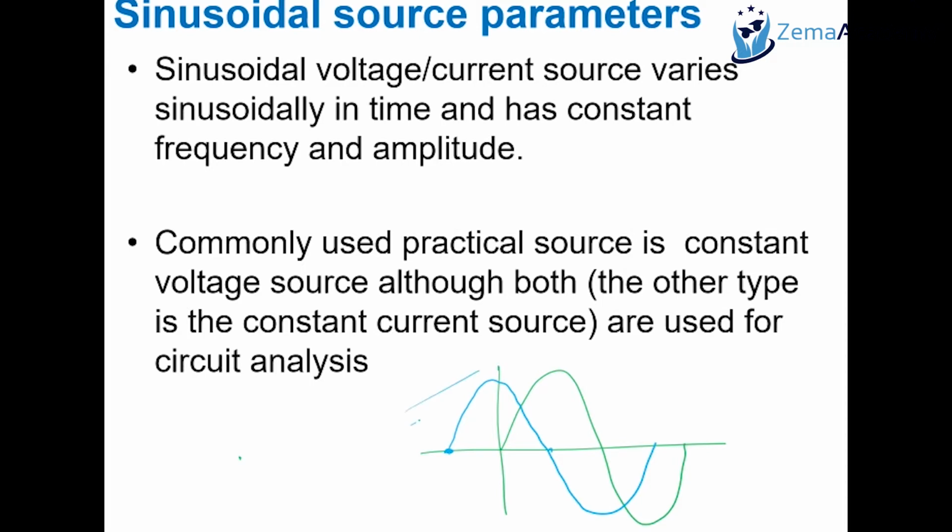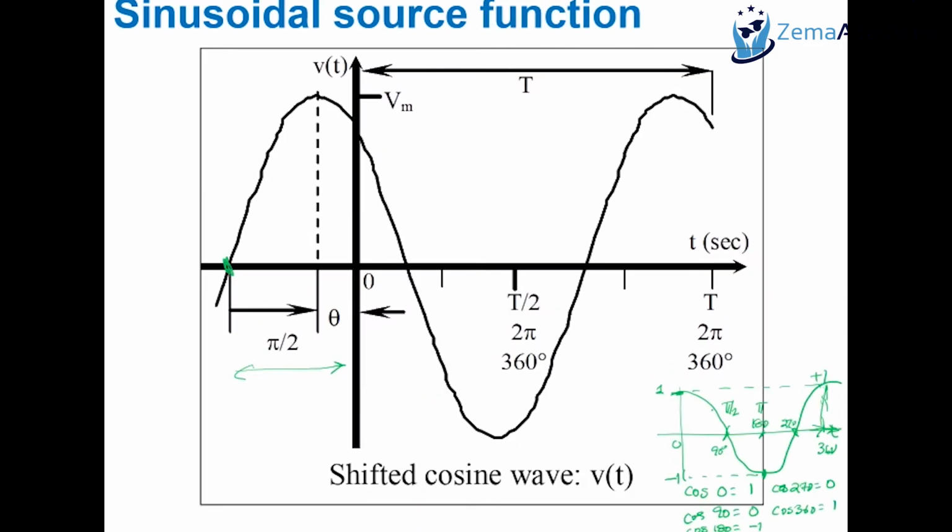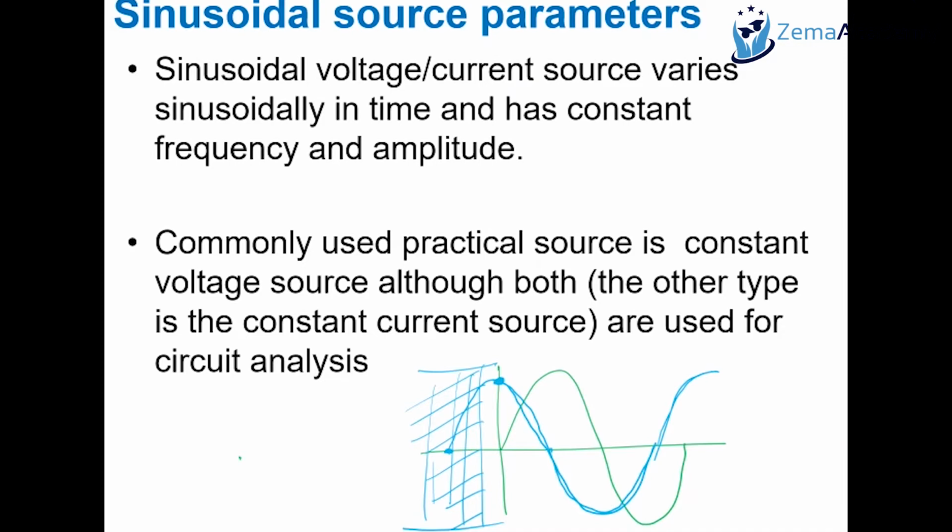But then when somebody looks at it and doesn't see this portion, let's say this portion is blocked for them, then all they see is a waveform starting at a maximum, going through here, and if they continue to see, they'll see this, which is exactly what we saw for the cosine wave. So a sine wave, when you move it by a certain angle, can be written as a cosine wave.